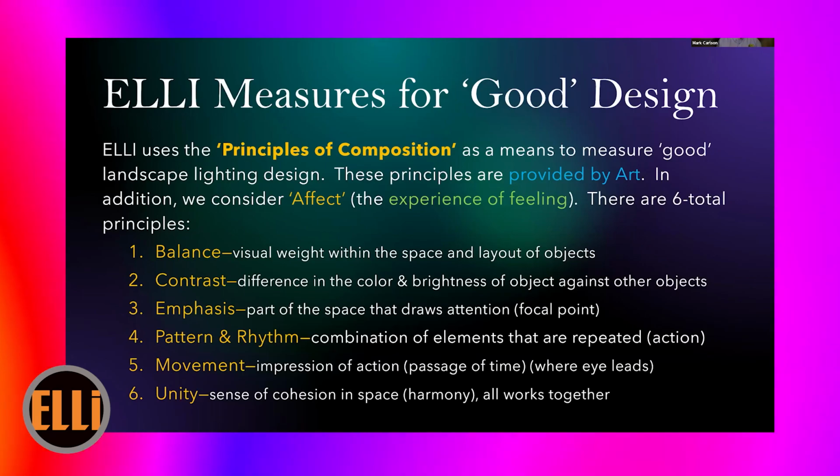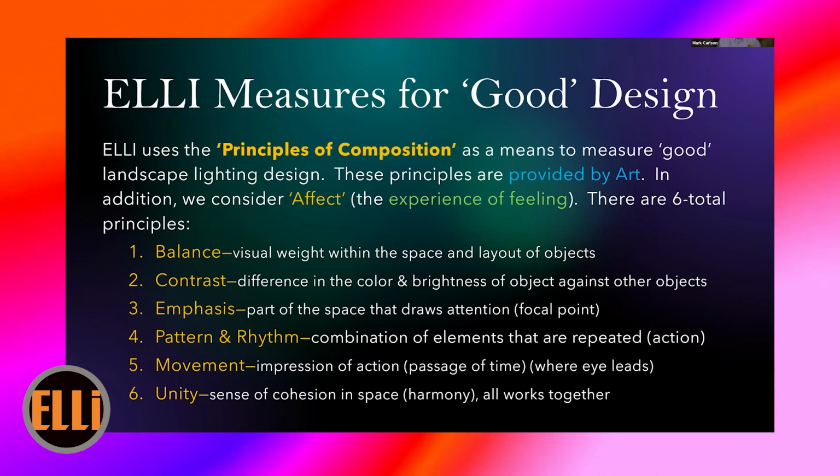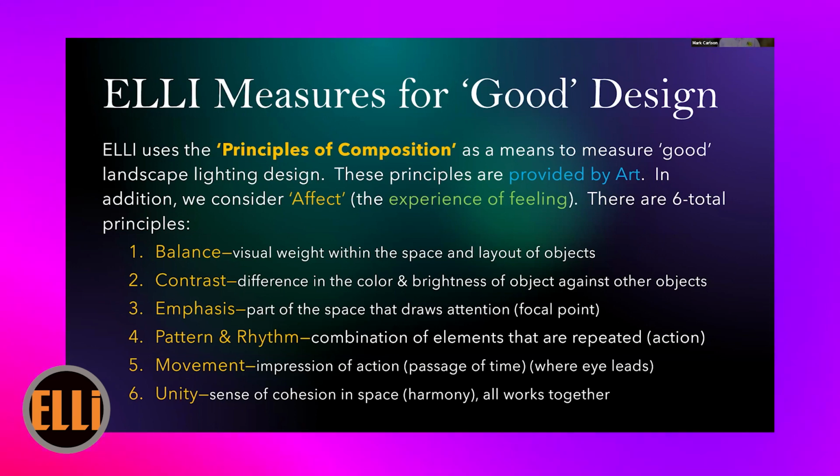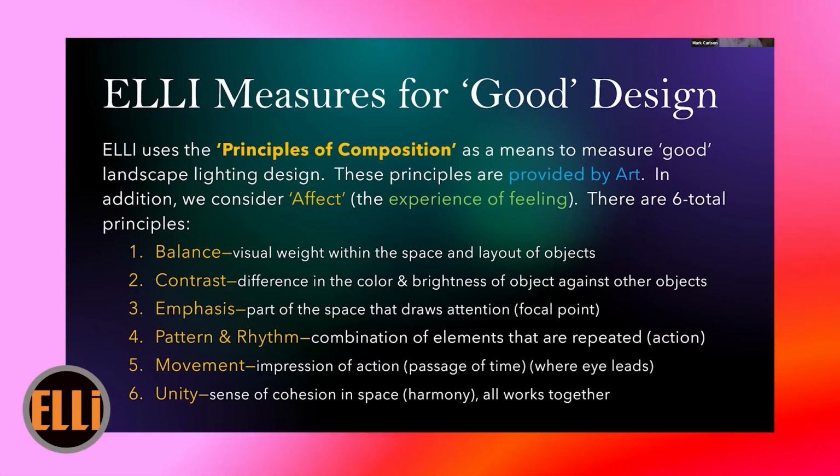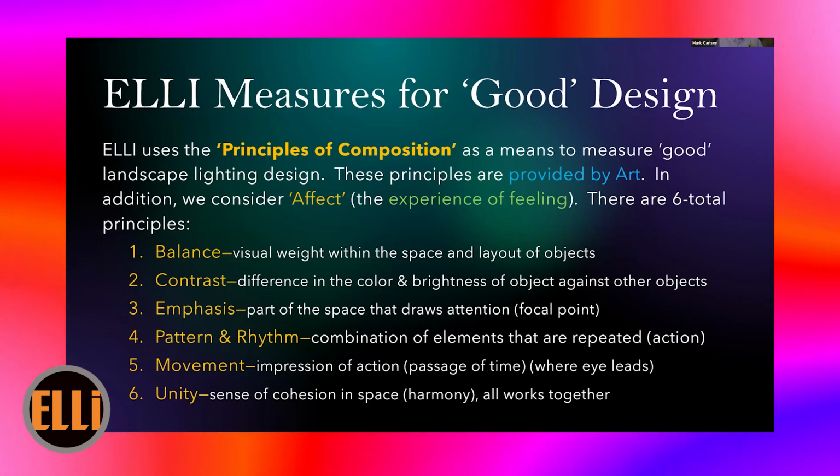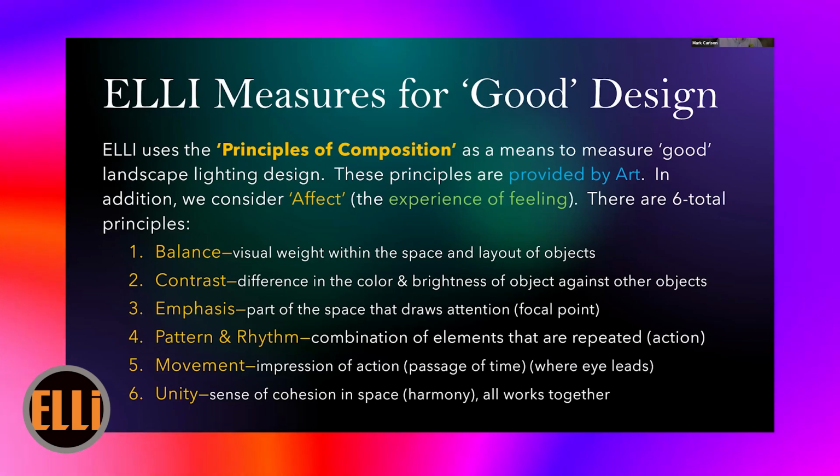Now, I tend to lump pattern and rhythm and movement together as one topic because they're similar. They deal with repetition, and it's an impression of action and movement. When you're seeing a repeating element in design, shapes or forms or light fixtures or light output, that's basically a pattern.